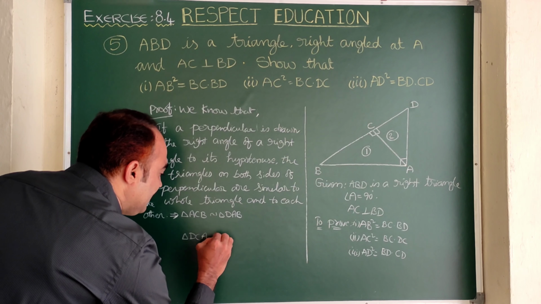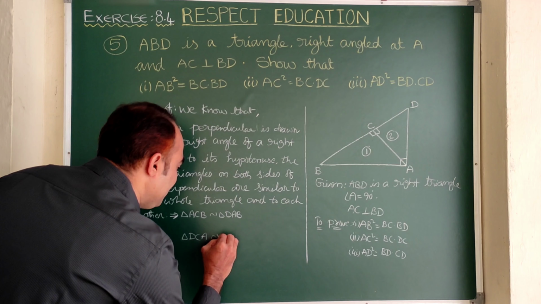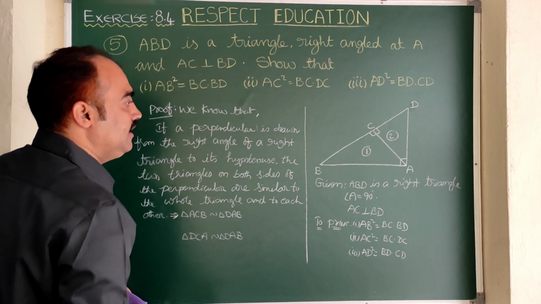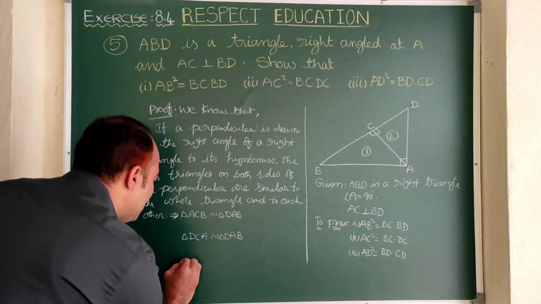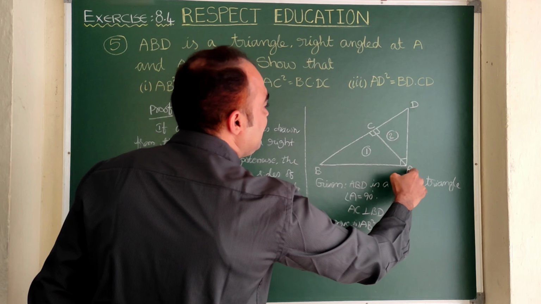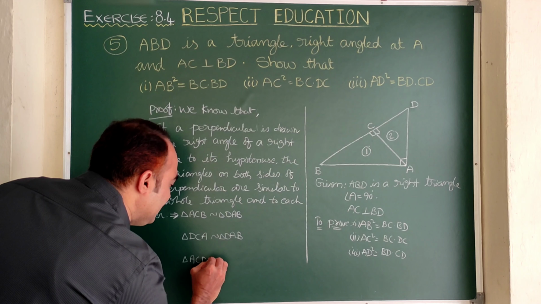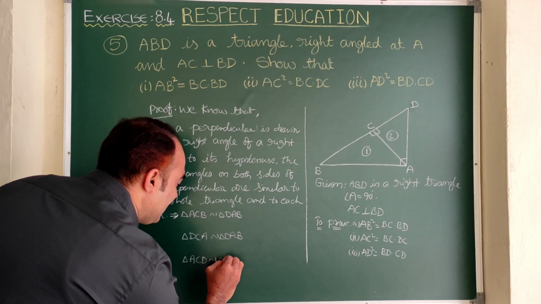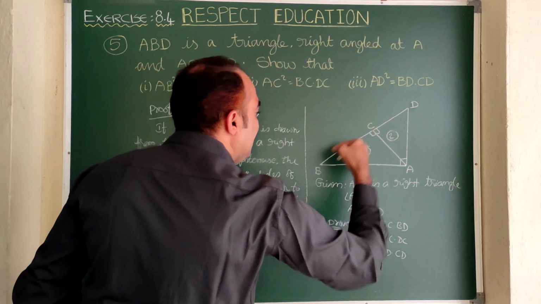Triangle DCA is similar to the whole triangle DAB. Same way these two are also similar to each other. That means the third one is triangle ACD is similar to triangle BCA.